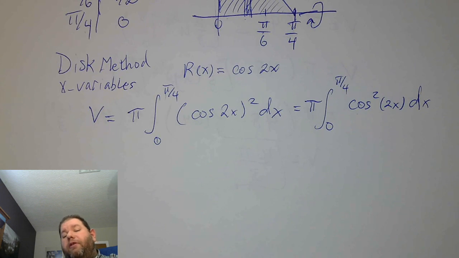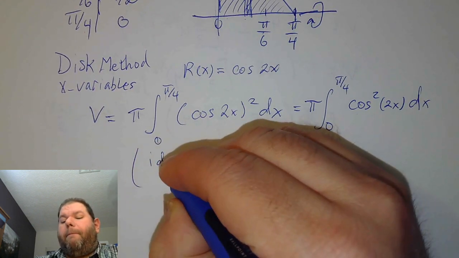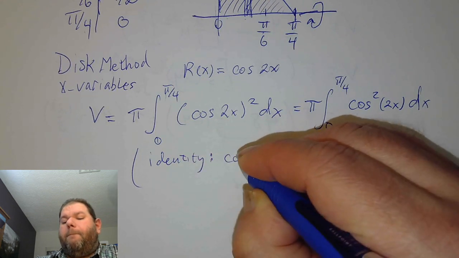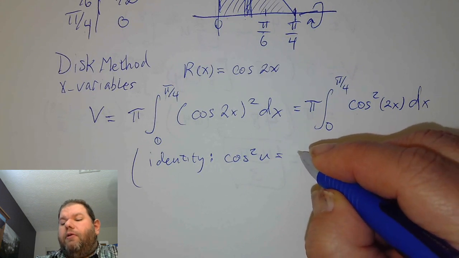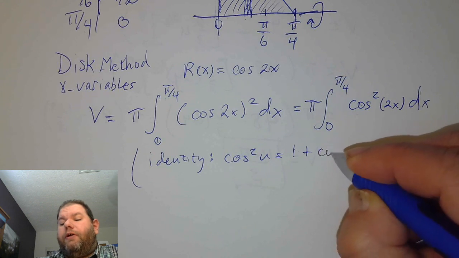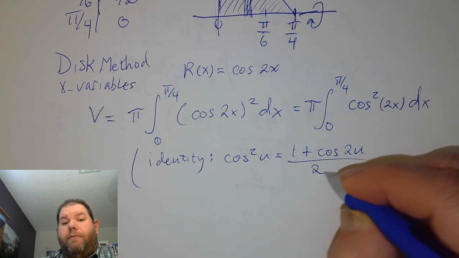So what we end up having to do is use an identity to replace these. So when we have cosine squared of u, this is identical to 1 plus cosine of 2 times u divided by 2.